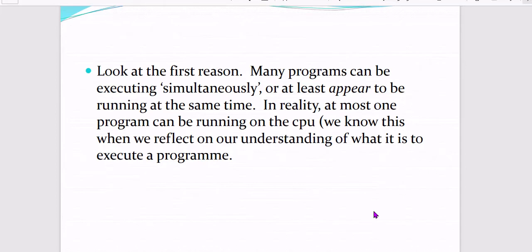We know, or should know by now, that the basic way in which a computer operates is to fetch an instruction from memory and then decode it and then execute it. And then, and only then, does it fetch a second instruction. And I think you can see that at any particular moment in time, at most one instruction will be on the CPU, being executed.